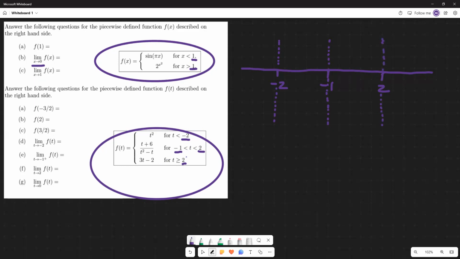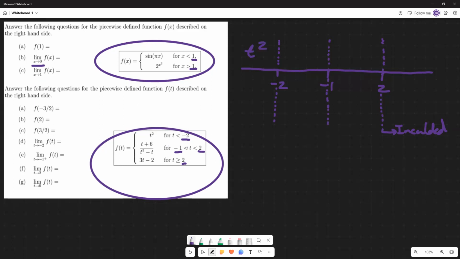But on the last one, they say 2 is also included for t bigger than 2. So I'll just say included if we are coming from this side. Now you need to list your function. They say t less than -2 is here, so here you have t squared.